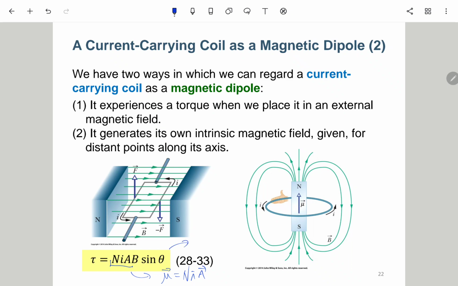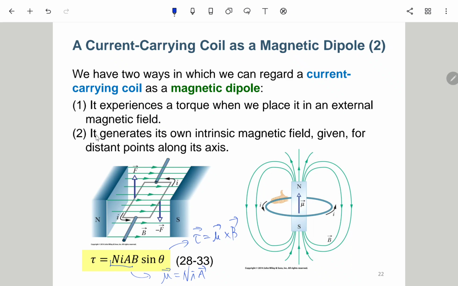So if we write it in vector form, it can be written as tau equals mu cross B. Okay. And we say that the current coil and the magnetic dipole are equivalent, which means if we place a magnet bar somehow in here, it will also rotate. So yeah.